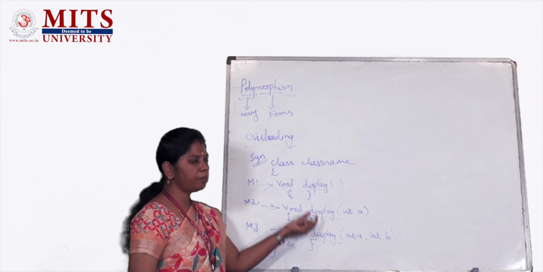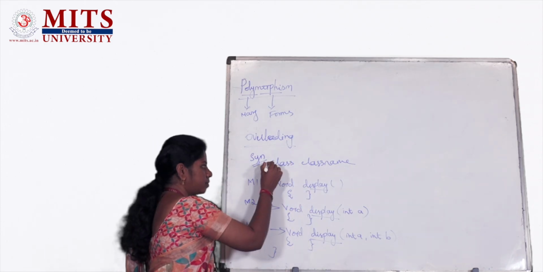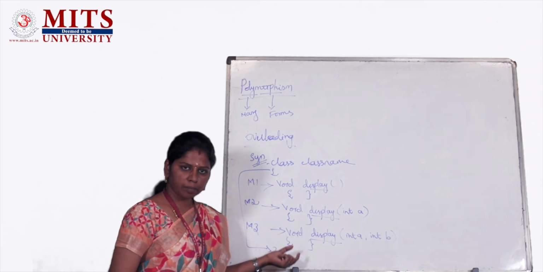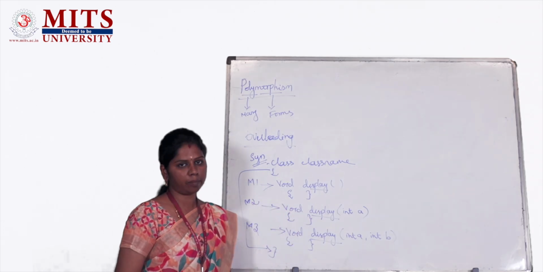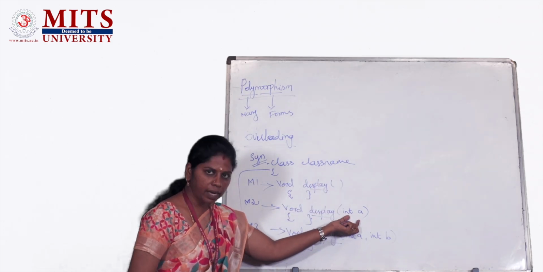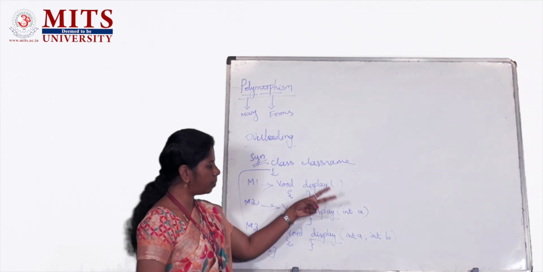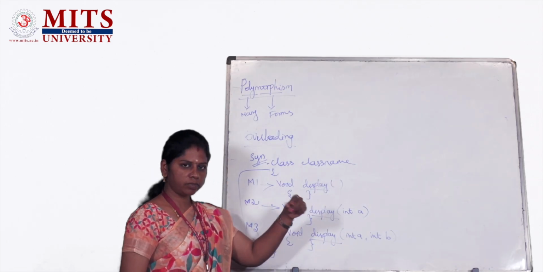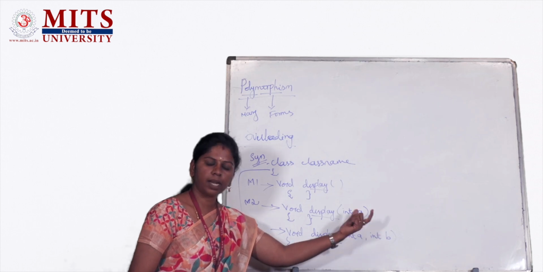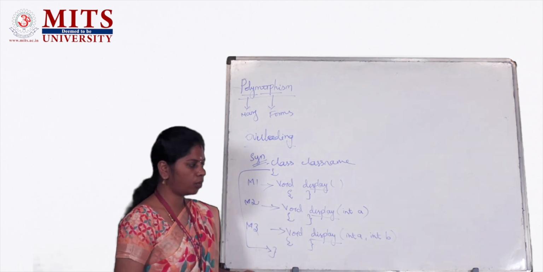So the same method name, multiple methods present within a class, with different parameters. Here no parameters, here only one parameter, and in the next method two parameters, so a different number of parameters. The parameter types may also vary: here int a, there int a or double b. This is about method overloading.